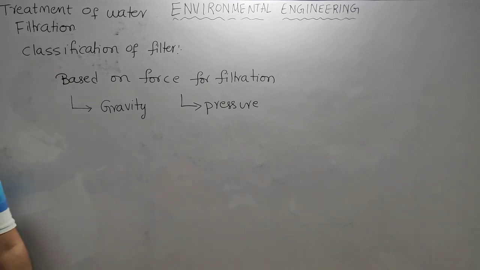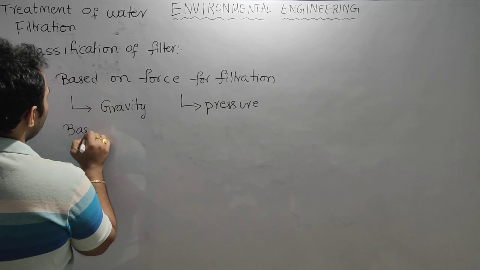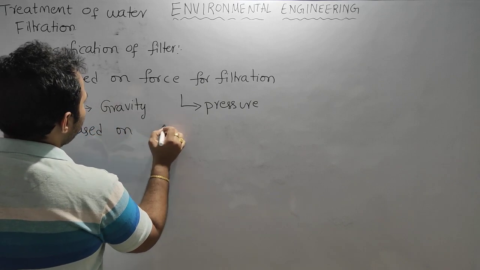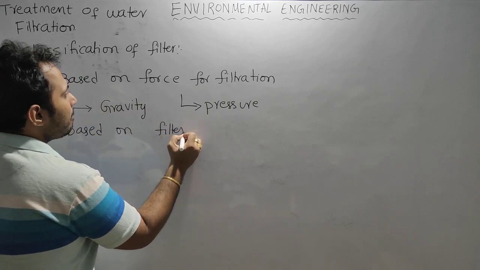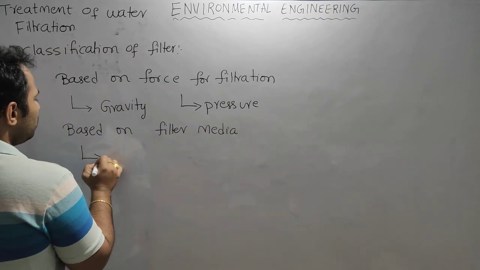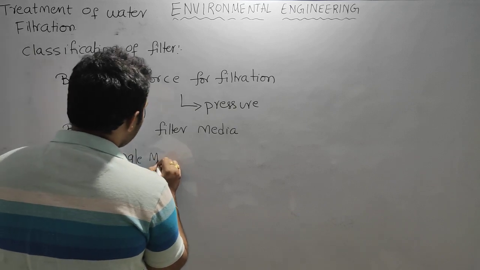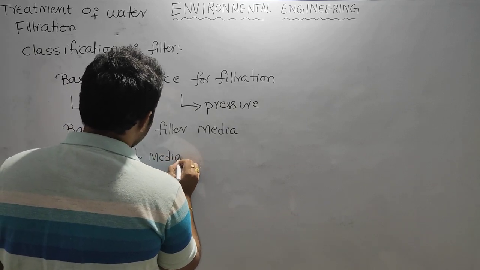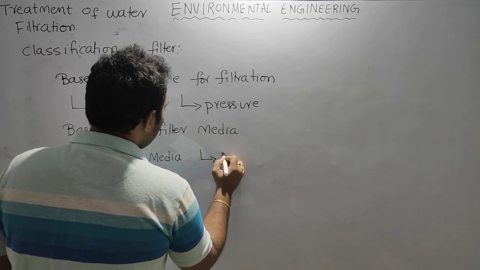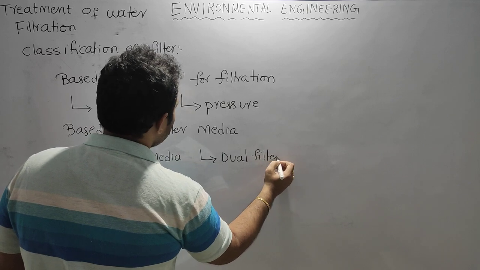And based on the number of filter media we are using: single media filter, that means only one filter media will be there. Dual media, that means two filter media will be there.